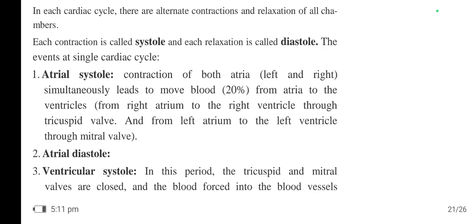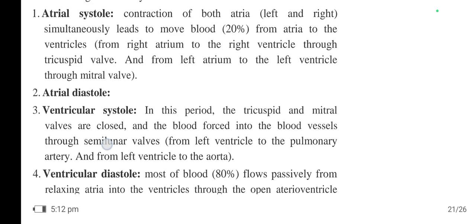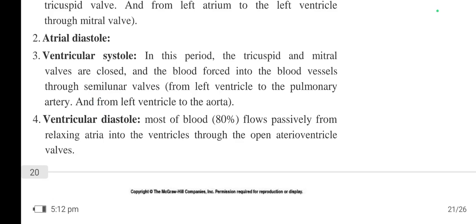The events of a single cardiac cycle: atrial systole, contraction of both the atria, left and right, simultaneously leads to moving blood, 20%, from atria to ventricle, from right atrium to right ventricle through tricuspid valve, and from left atrium to left ventricle through mitral valve. Atrial diastole, ventricular systole.